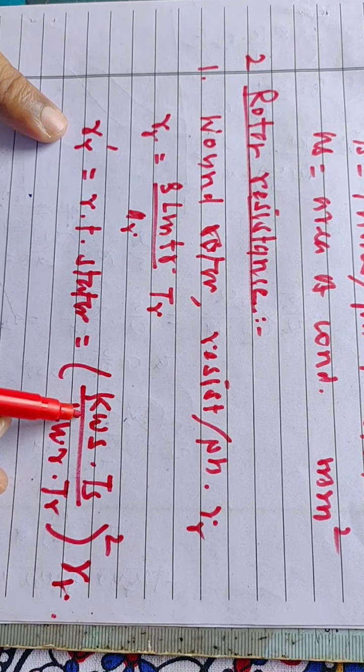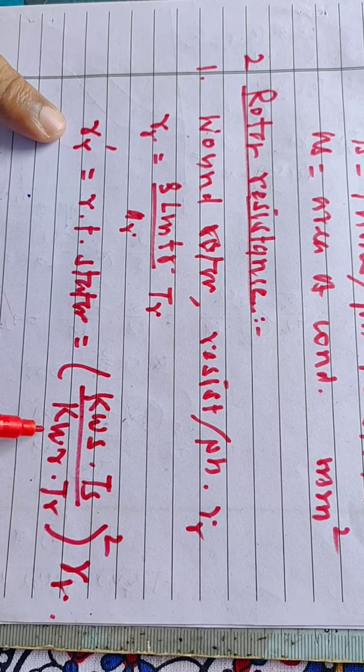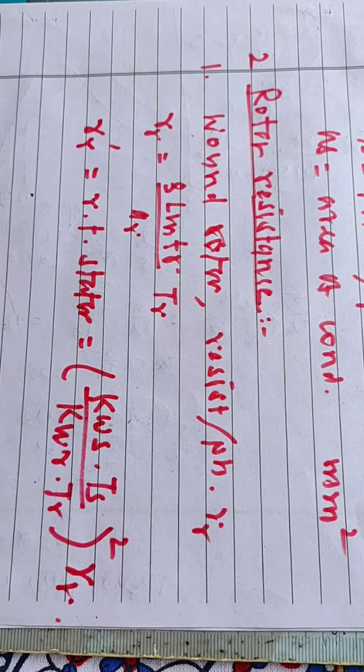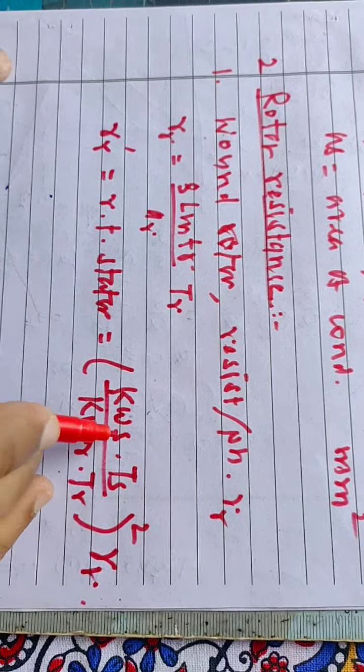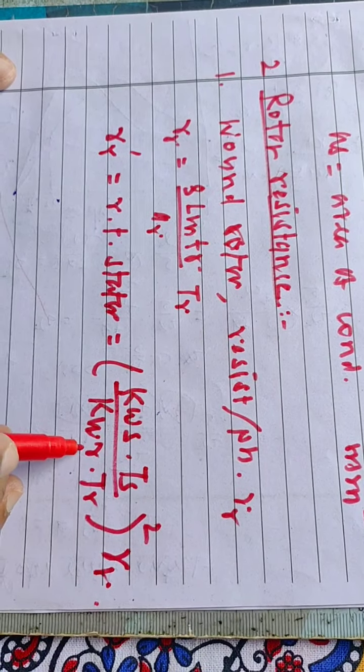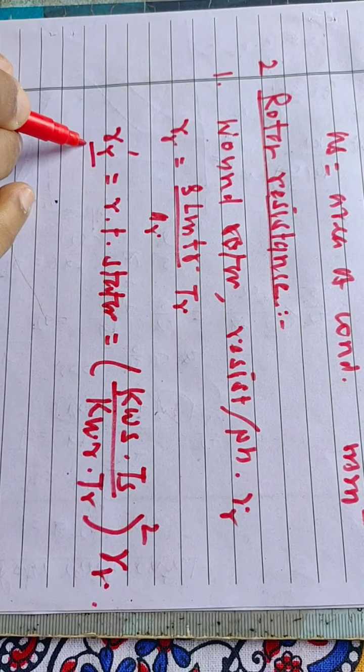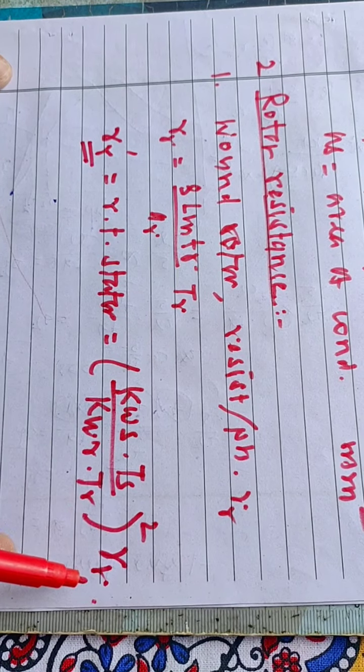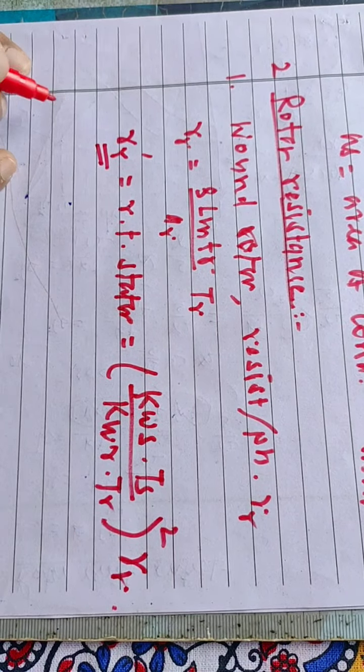So KWS is the stator winding factor and KWR is the rotor winding factor. So if we know KWS and KWR, then we can refer the resistance to the stator side.